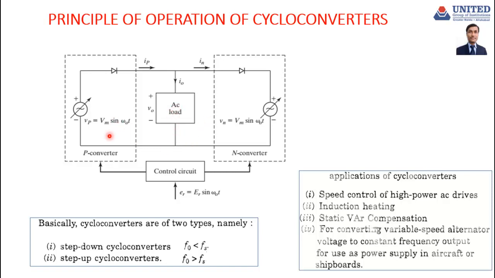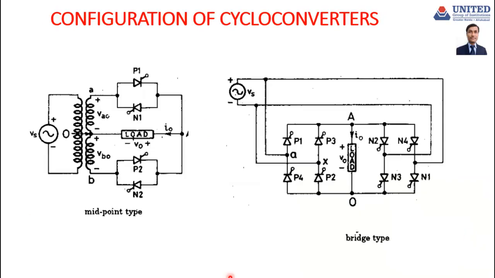The positive converter produces the positive half cycle of the load voltage, whereas the negative converter will produce the negative half cycle. So it is possible to vary the load voltage by varying the firing angle of the SCRs connected in both the converters.